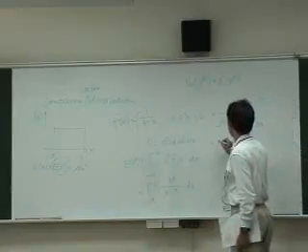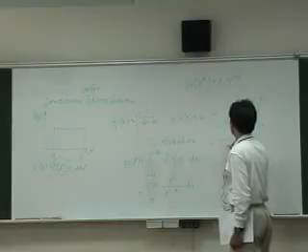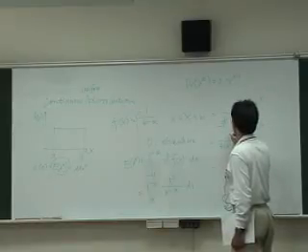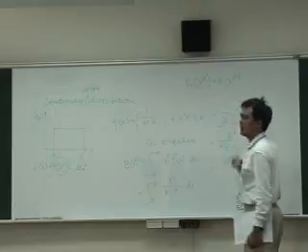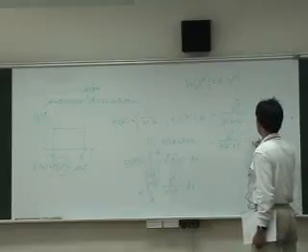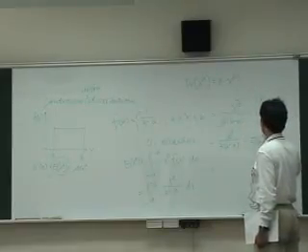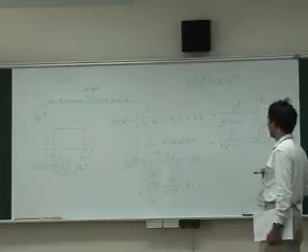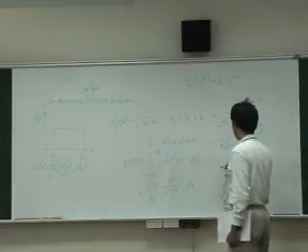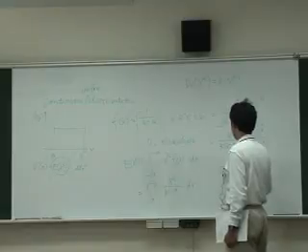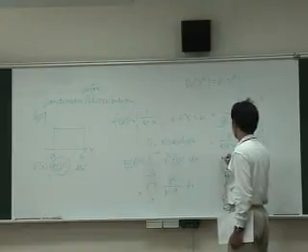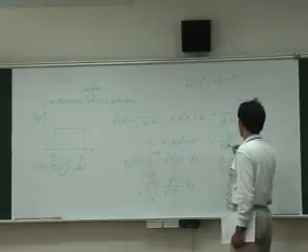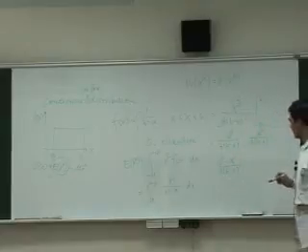So then you have 3(b minus a), b to the 3rd power minus a to the 3rd power. So then you have 3(b minus a) here, b cubed minus a cubed.